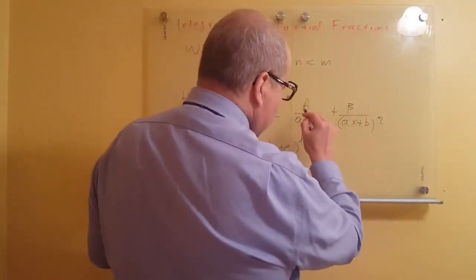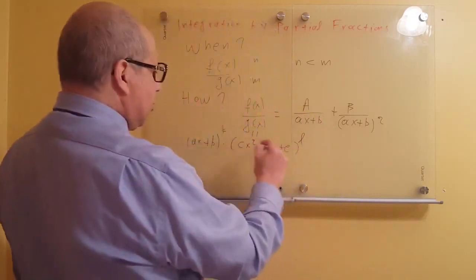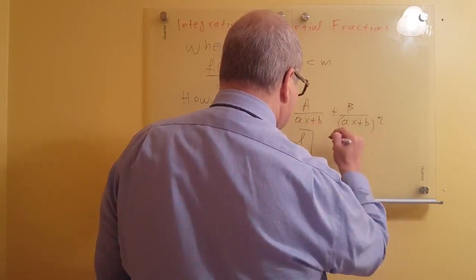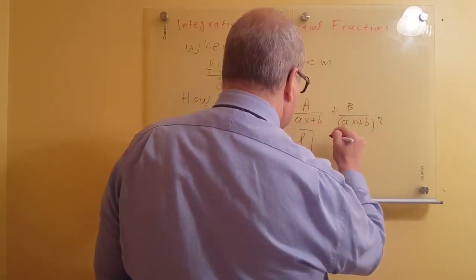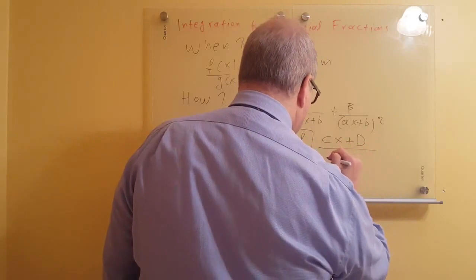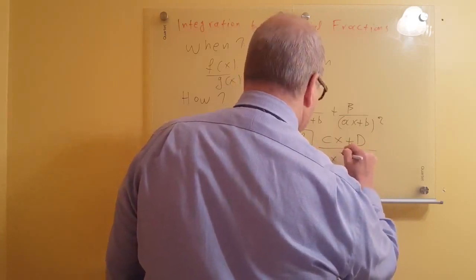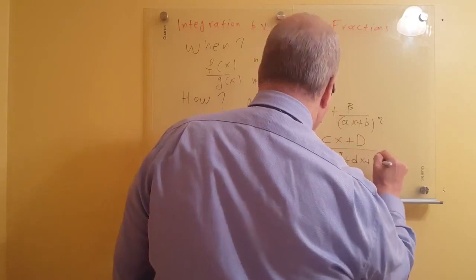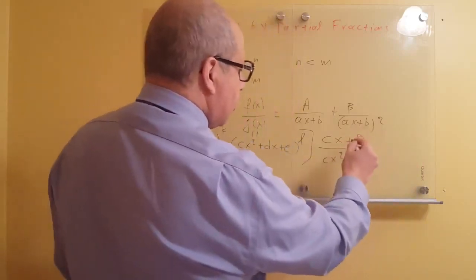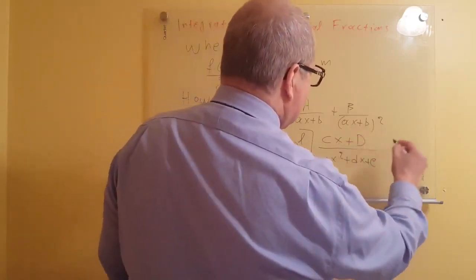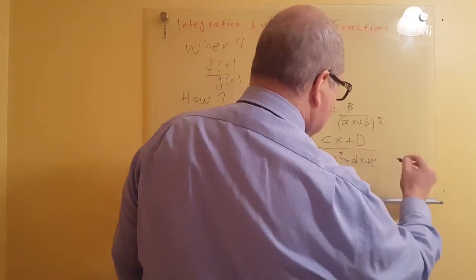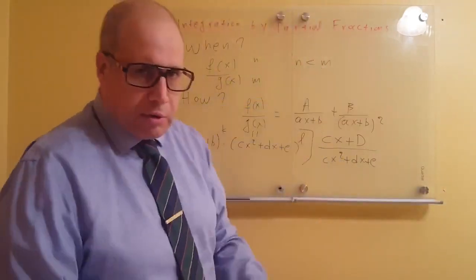This is for every linear factor, and for every quadratic factor you do exactly the same, but now in the numerator you write, let's say, capital Cx plus d over the quadratic. Again, if this was to the third power, then you write another term like cx plus f over this to the square, plus another one to the third.